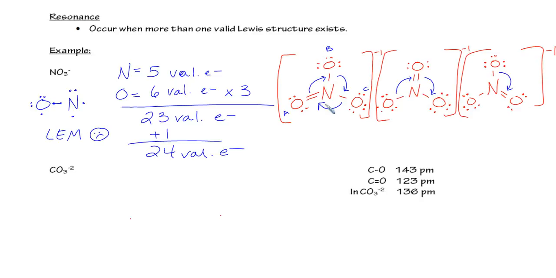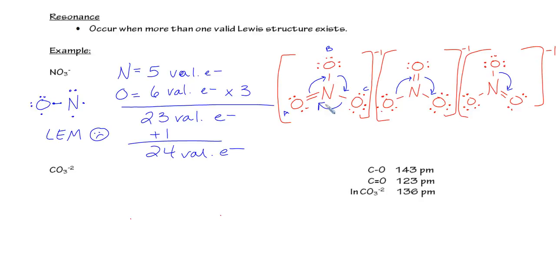So that if I could take a picture at any moment in time, I might find them on a different oxygen. Oxygen A, B, or C. So it's not like I'm just tilting the molecule.